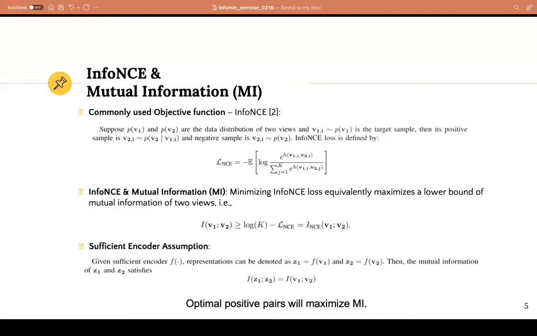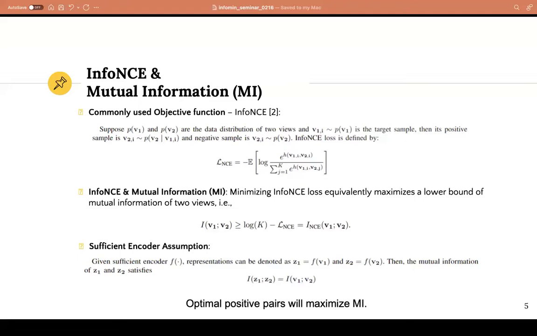So it means that in the beginning, how we choose the views will directly affect the mutual information between the representations. And the goodness of representations will profoundly decide the performance on the downstream task.